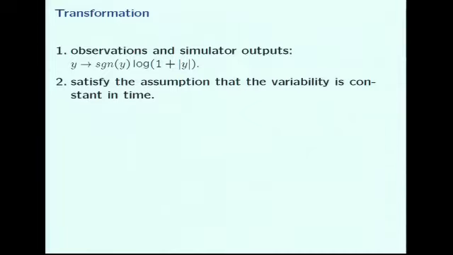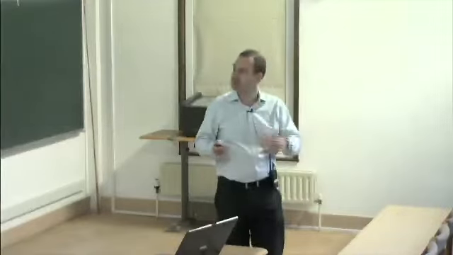This is the transformation of the output, a kind of log transformation that Jonty came up with, actually. You tried several, right? To dampen the variability, so that the variability is roughly constant in time, and not too wide.